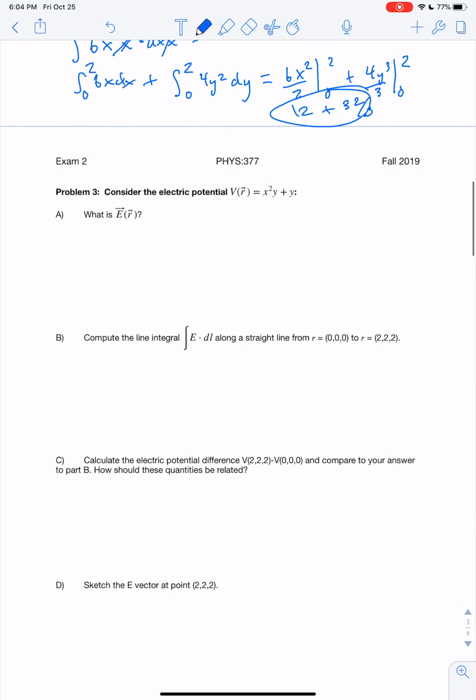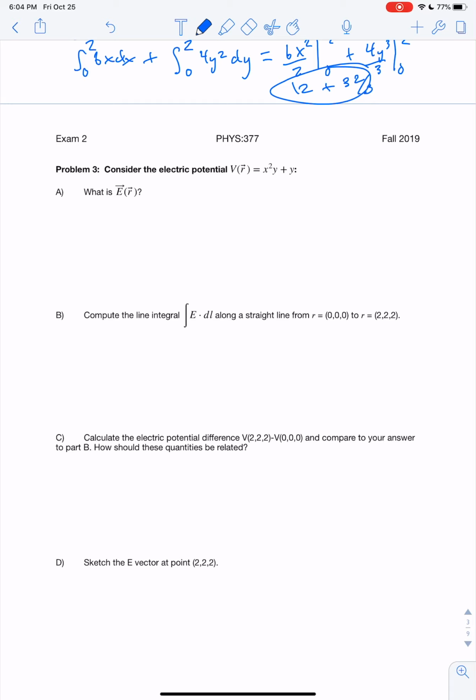Okay, number 3, question is, consider this potential, what is E?